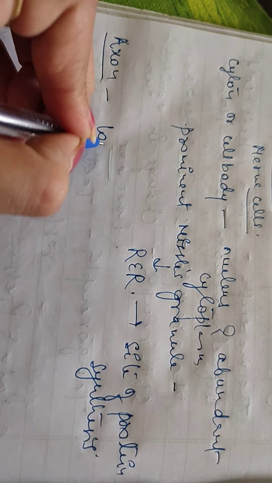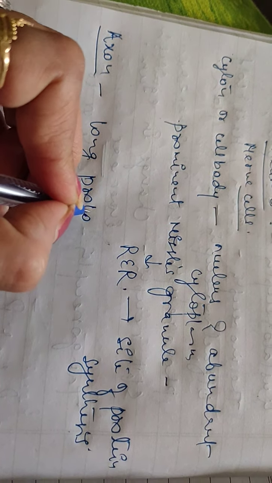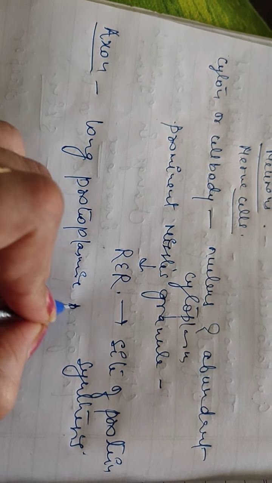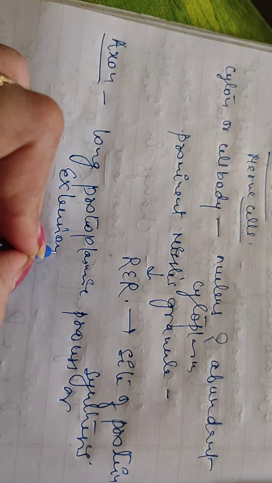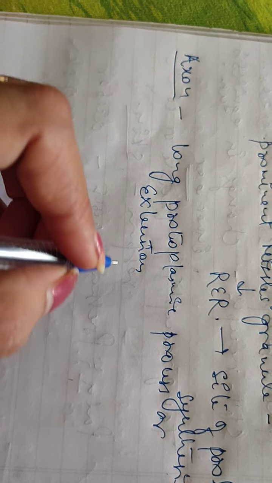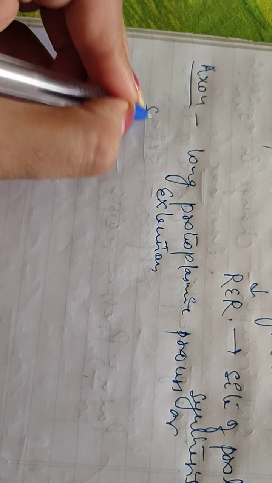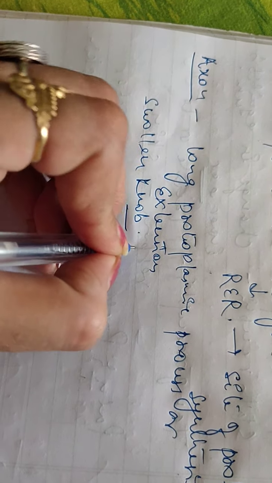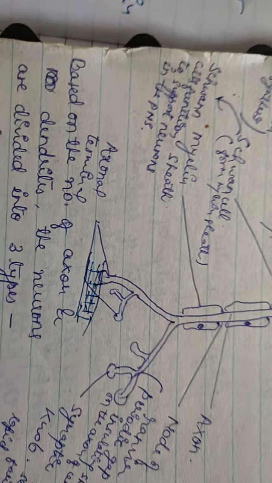It is a long protoplasmic process or extension which arises from the cyton, and it is several centimeters long, and its terminal fibers have swollen knobs, and you can see here these are the swollen knobs.